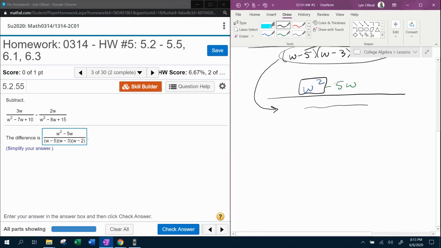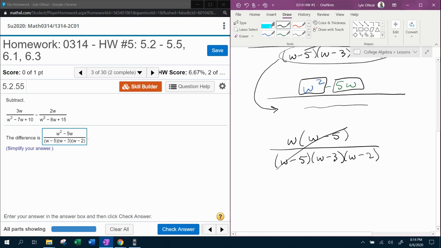I want you to focus on the two terms in the numerator and notice that they both have a W. So what I should have done to try to simplify further is factor the numerator. Factoring out a W gives me W minus 5. And then if I put that all over the common denominator, W minus 5, W minus 3, and W minus 2, you're going to see that we do have a common factor.